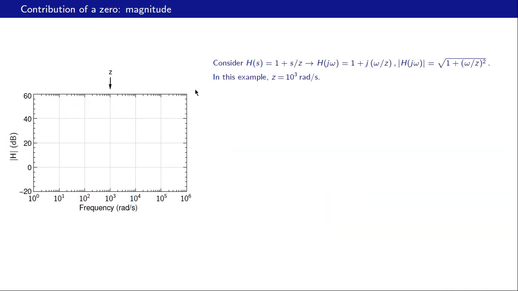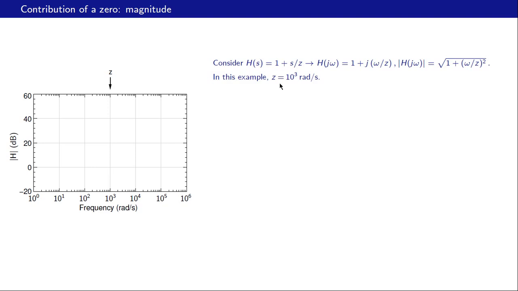Next, let us consider the contribution of a zero, and we will first consider the magnitude Bode plot. Here is an example, h of s equal to 1 plus s by z, where z is 10 raised to 3 radians per second. And if you recall, this means that our 0 is at minus 10 raised to 3 radians per second, following the definition that we looked at earlier.